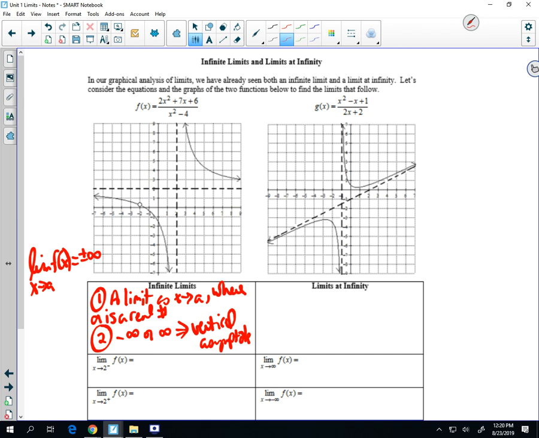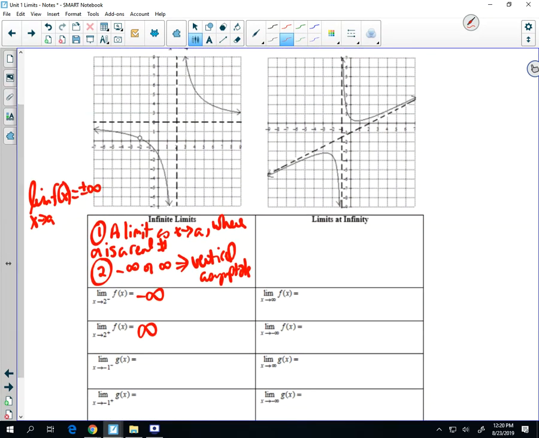Looking at these, if it says the limit as x approaches 2 from the left of f of x, 2 from the left would be coming in this way, so that would be negative infinity. And 2 coming in from the right is going up, so that would be positive infinity.